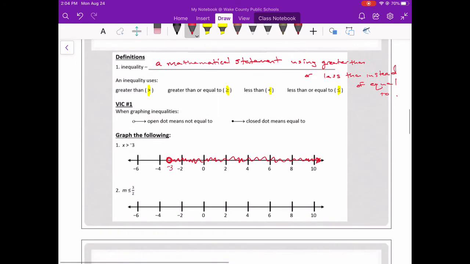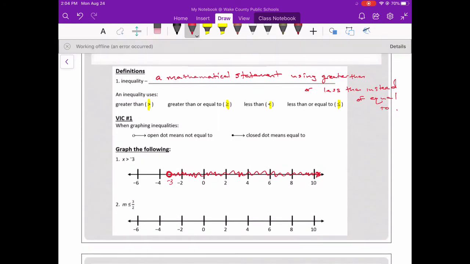It doesn't matter how complicated the answer looks. Like 3/2 is the same thing as 1.5. So M is less than or equal to 1.5. So 1.5 is right here. That's 1.5. And it says less than or equal to.